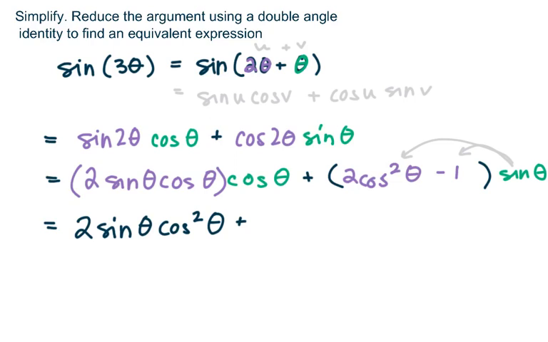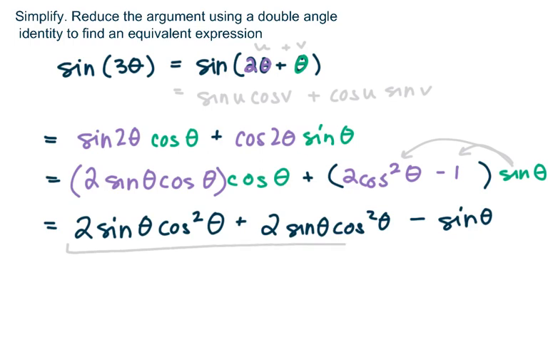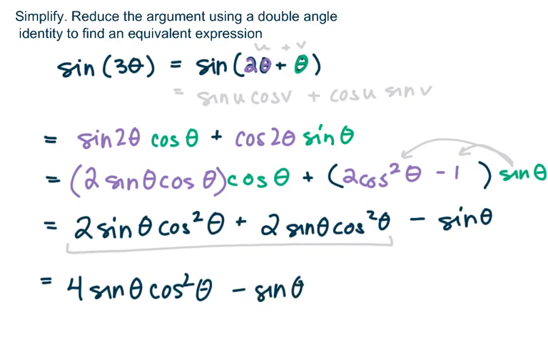So distributing, that gives me 2 times sine theta cosine squared theta, and I'm left with this minus sine theta. Now, looking at this, my first two terms are the same terms, and 2 plus 2 gives me 4 sine theta cosine squared theta minus sine theta.